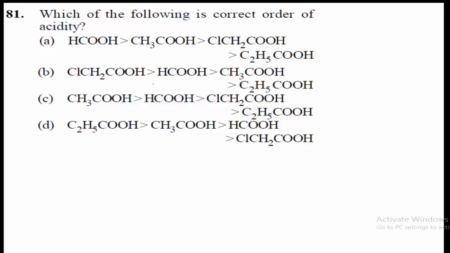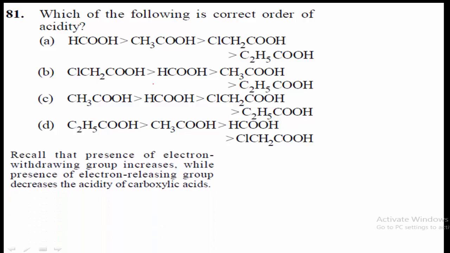81st. Which of the following is the correct order of acidity? As you know, the presence of an electron withdrawing group increases while the presence of an electron releasing group decreases the acidity of carboxylic acids.